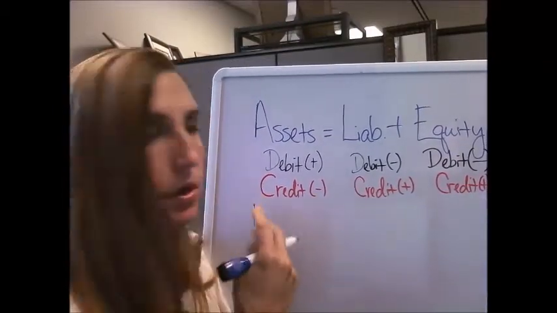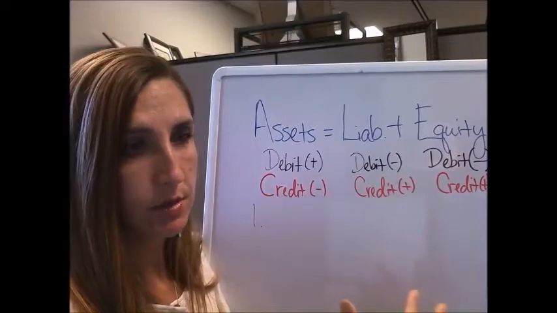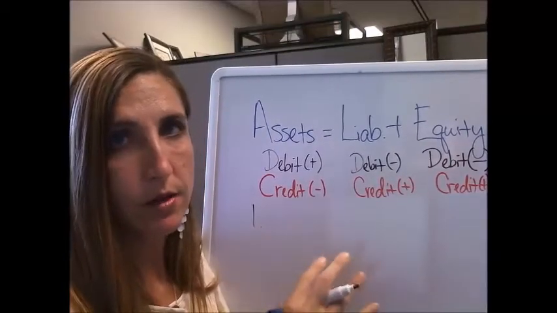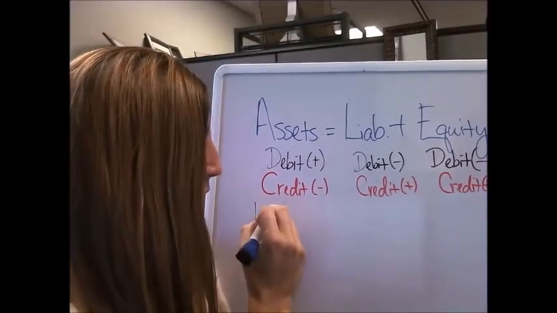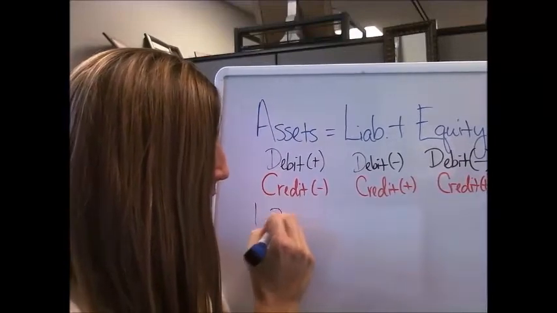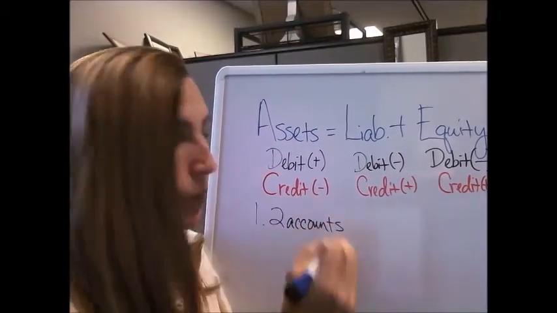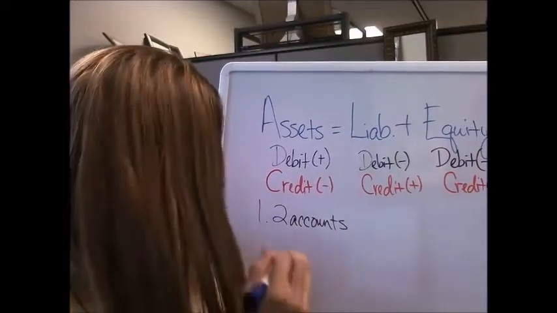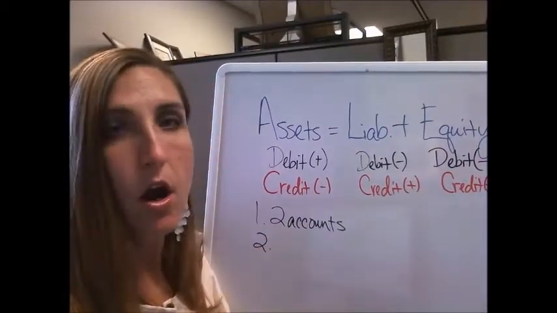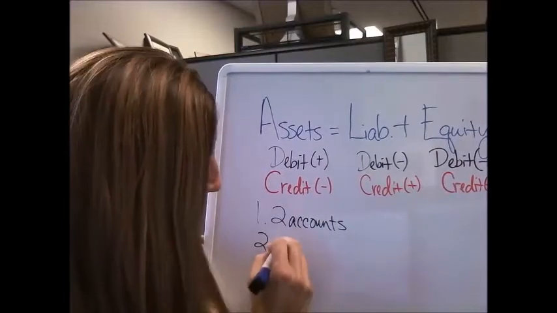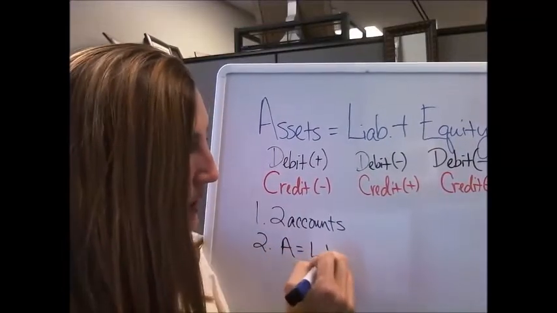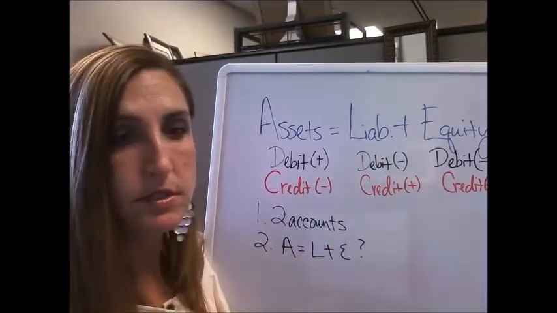So your book gives you this 4-step process, but I'm going to write it down in a shorthand version. Step 1, pick out at least 2 accounts when you're filling out a journal entry. Step 2, are those accounts assets, liability, or equity accounts?